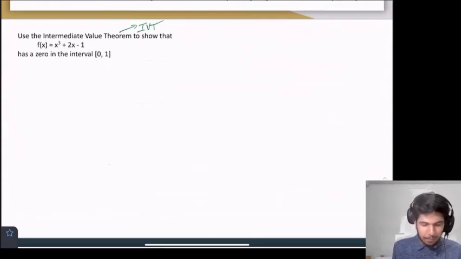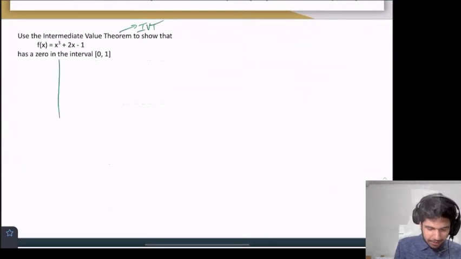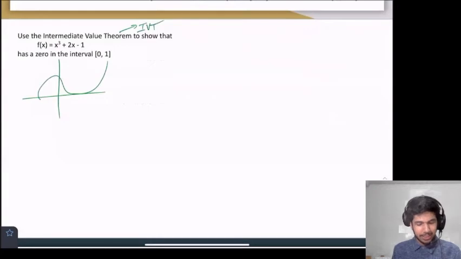But f of x is just some function, and it doesn't really matter what it looks like. The point is we know that it's continuous on the interval 0, 1 because we can tell there's no point at which there would be a discontinuity.